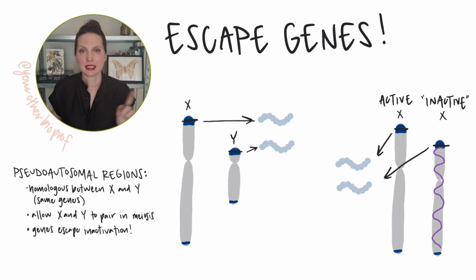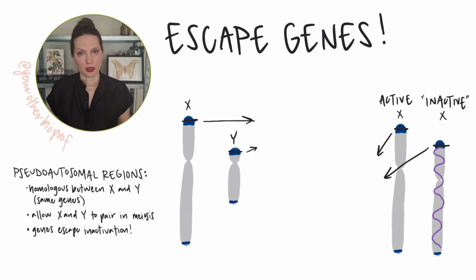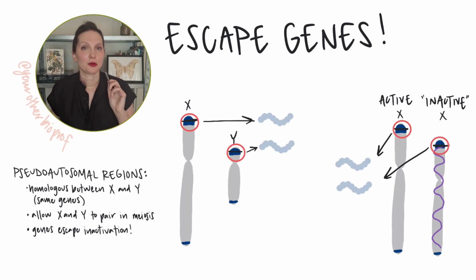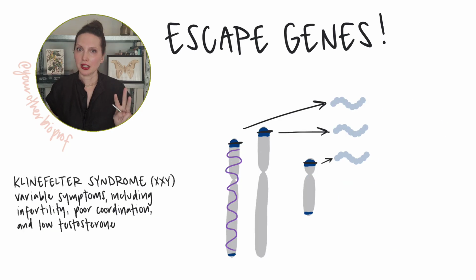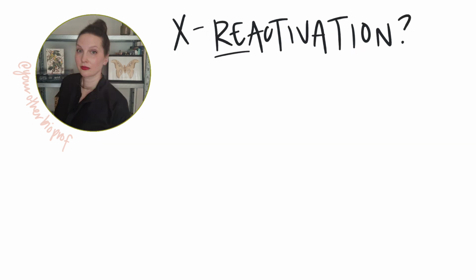Dosage compensation isn't needed for these genes. Whether you're XX or XY, everybody should get 2 copies. But if you're XXY, you've got 3 copies. 1 copy on the Y, 1 on the active X, and 1 escaped copy on the inactive X. These escape genes are candidates for causing the symptoms of Klinefelter syndrome in humans.